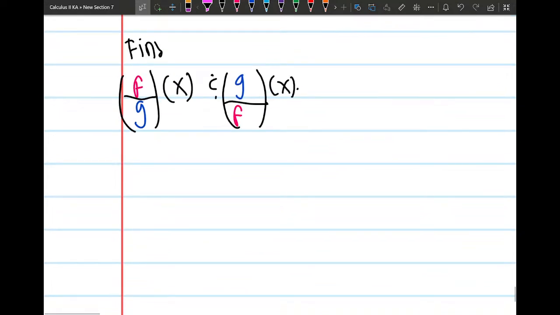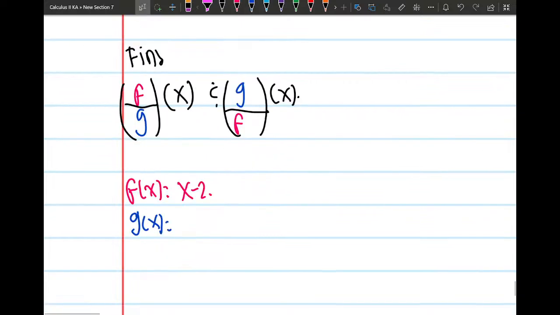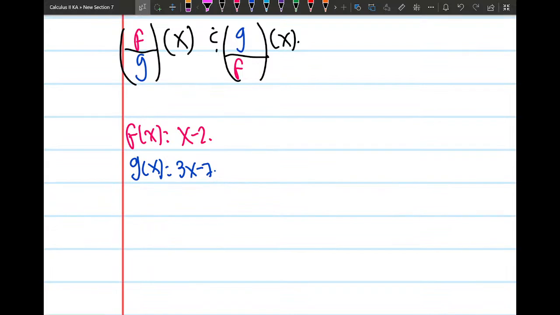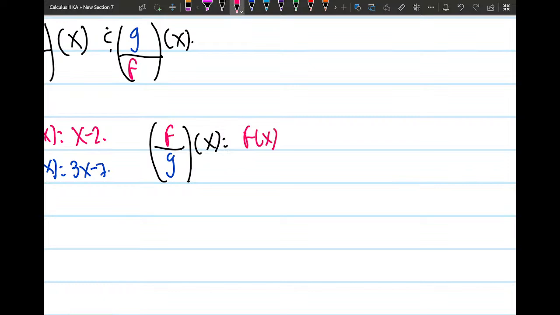So let's do first f over g of x. I know, again, f of x is equal to x minus 2, and g of x, like we said, was 3x minus 7. So for this one, f over g of x, like I said, is equal to f of x over g of x, right?